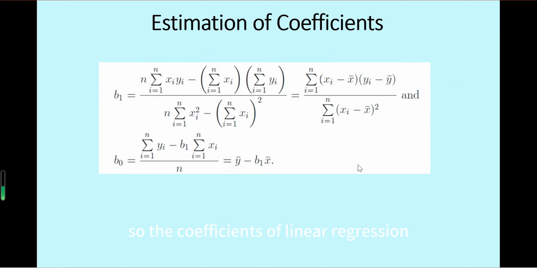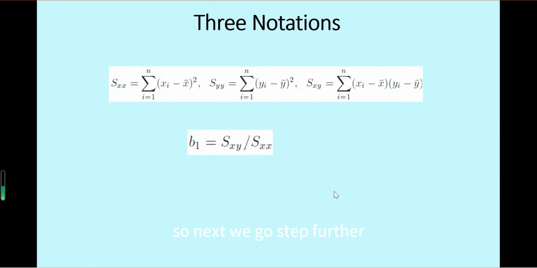So the coefficients of linear regression, b1 equals this formula, and b0, the intercept, is this formula. So next, we go a step further. There are three notations.